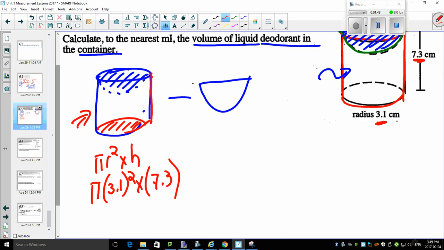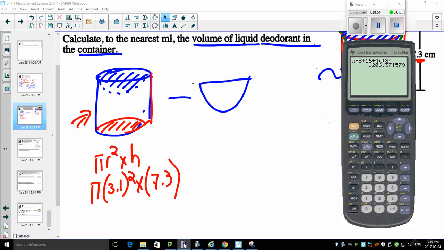That'll give you the volume of your cylinder before you do anything. Let's calculate that out right now. Pi times 3.1 squared times 7.3, and you get an answer of 220.39.